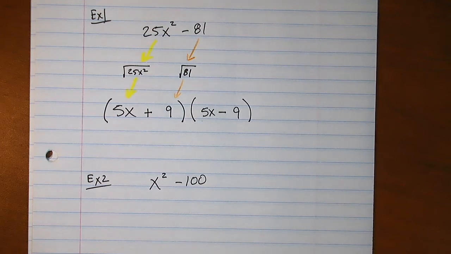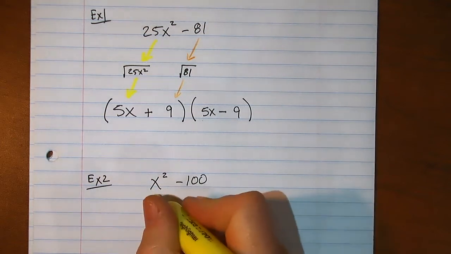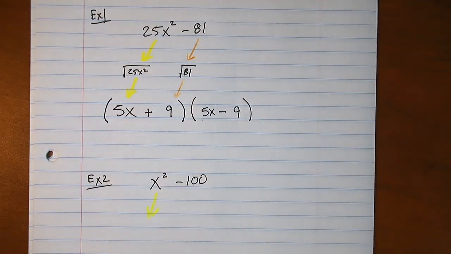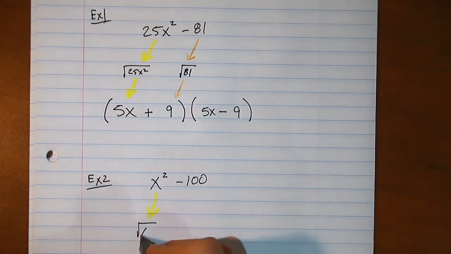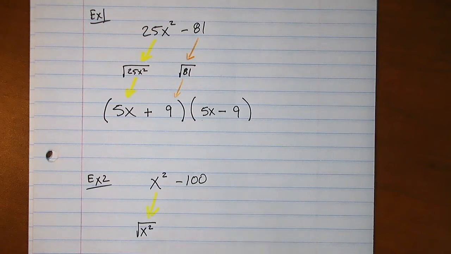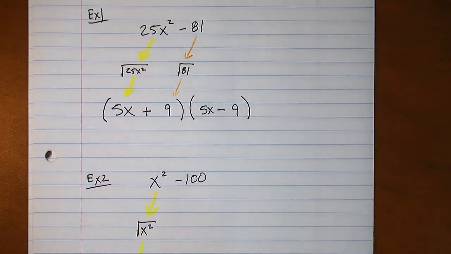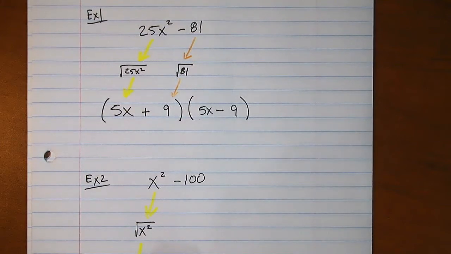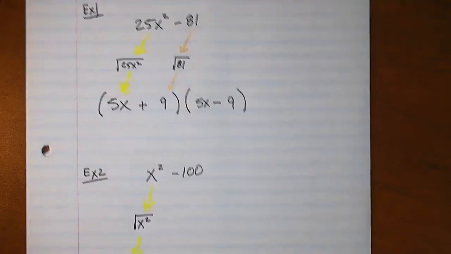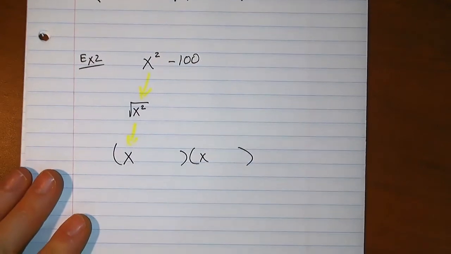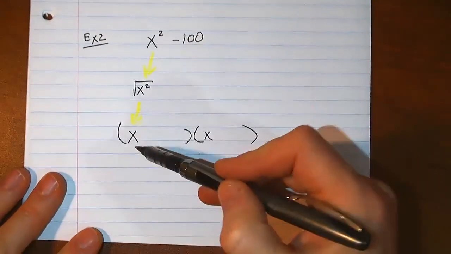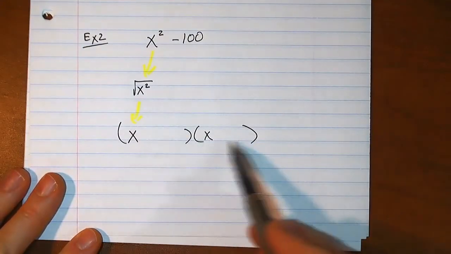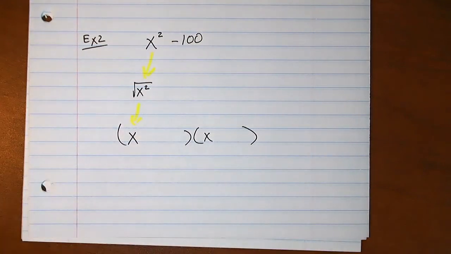All right, so hopefully you've done this with the shortcut. You should have recognized that the first thing that we want to do is take the square root of what comes first so that we can figure out what was the first thing in our parentheses. So the square root of x squared, well, that's equal to x. So in my parentheses, the first thing must have been an x.